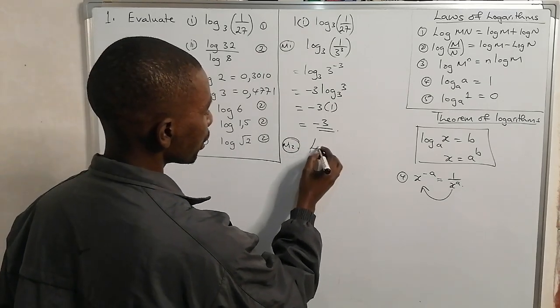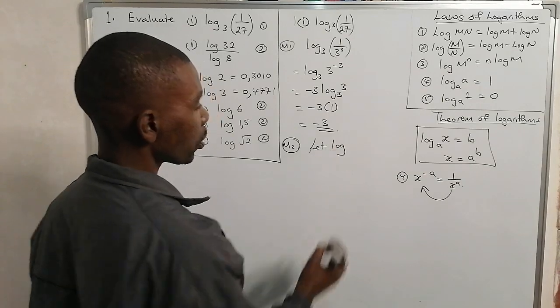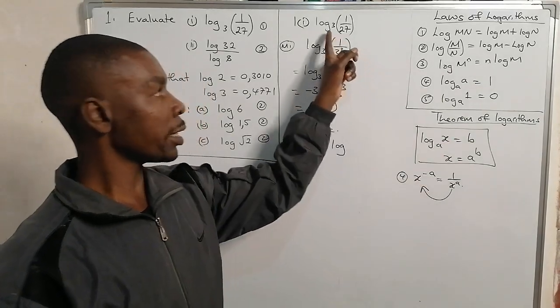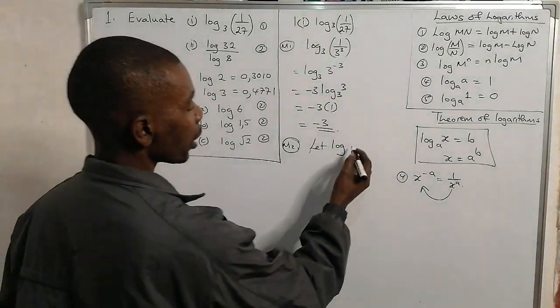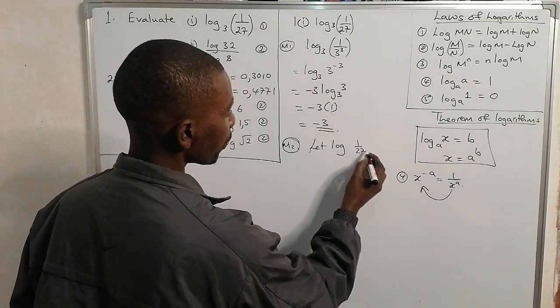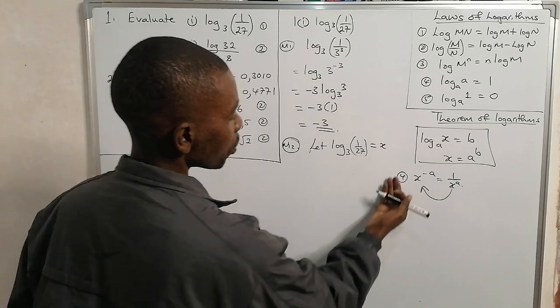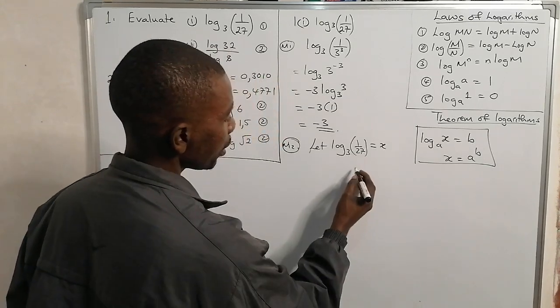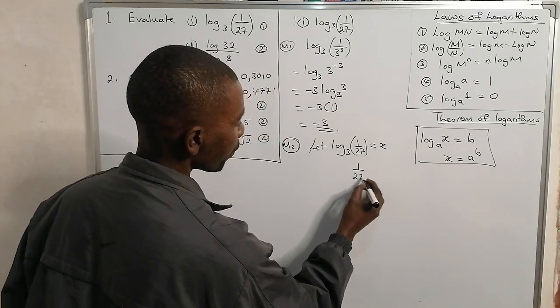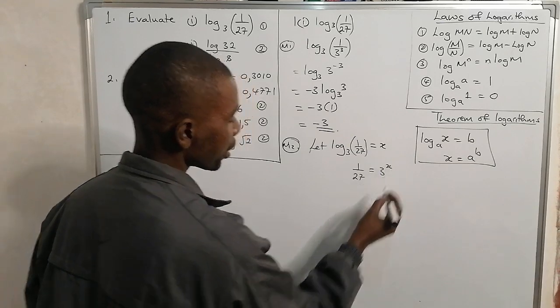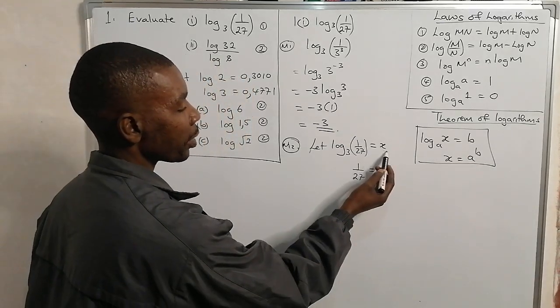So by the second method, method number 2, let log, because remember I want to make this one an equation, let log 1 over 27 base 3 be x. So now we can say 1 over 27 is equal to 3 to the power x. Remember, we are finding the value of x.